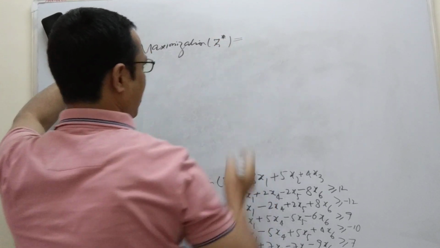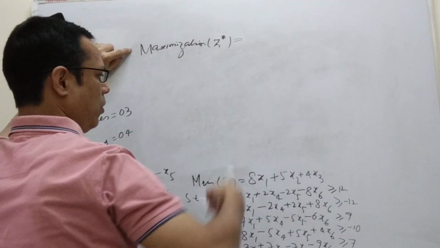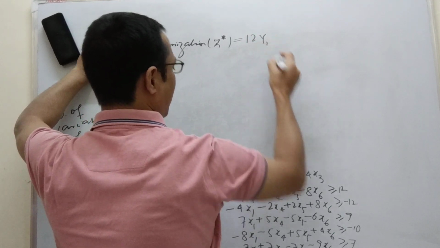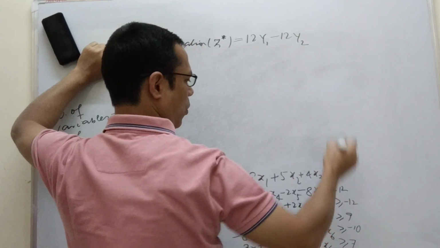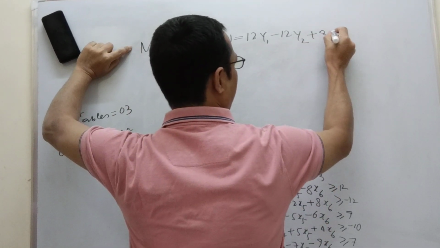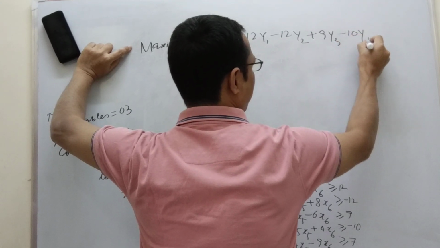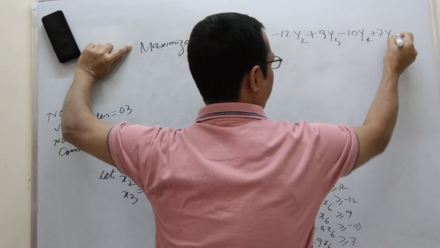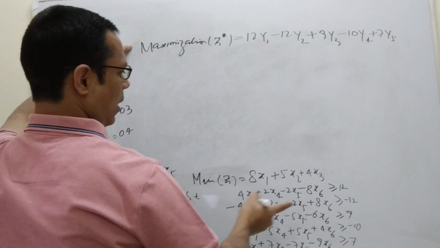And you know very well the formula: the right hand side of the constraints will become the coefficients of the objective function. So 12 y1 minus... considering new variables y1, y2, y3, y4: 12 y1 plus 9 y2 minus 10 y3 plus 7 y4.